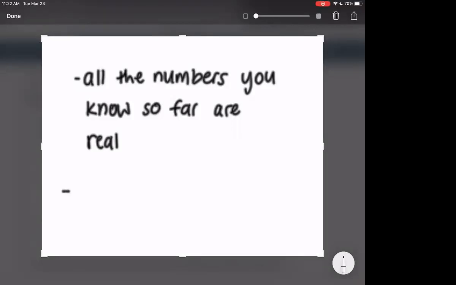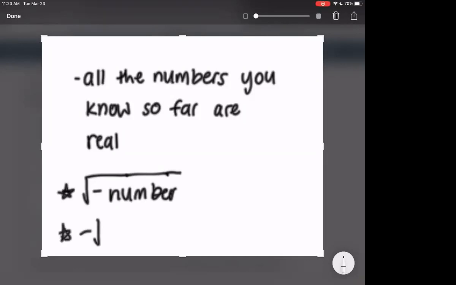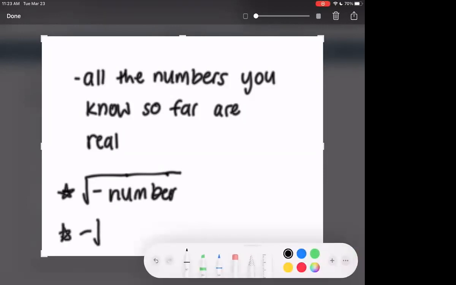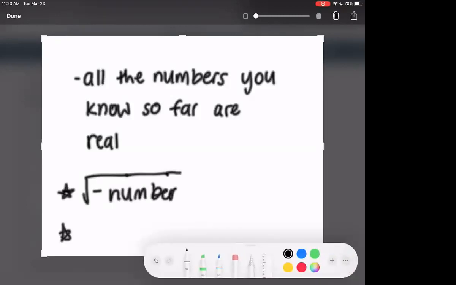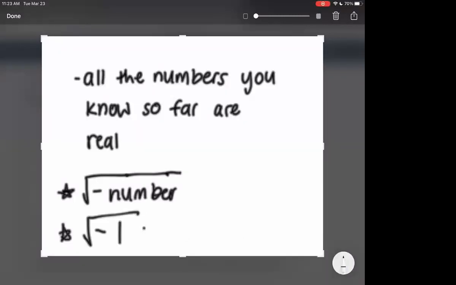Normally if I tell you to take the square root of a negative number, you would say this doesn't exist. However, now we can take the square root of a negative number by knowing that the square root of -1 is something called i, which we're going to call the imaginary number.